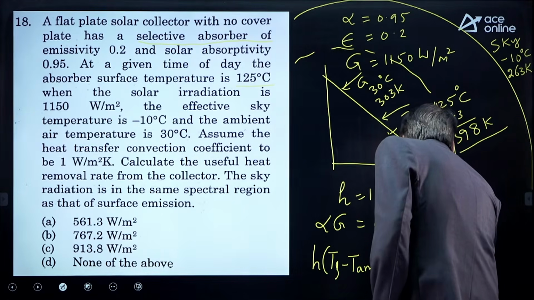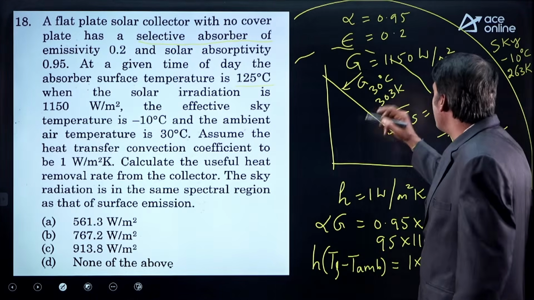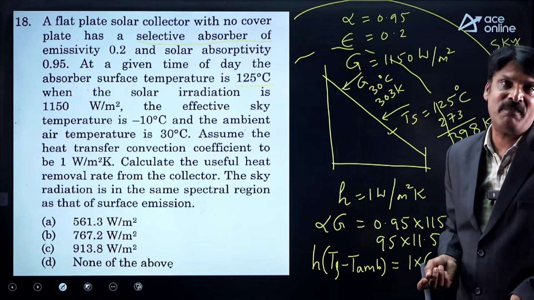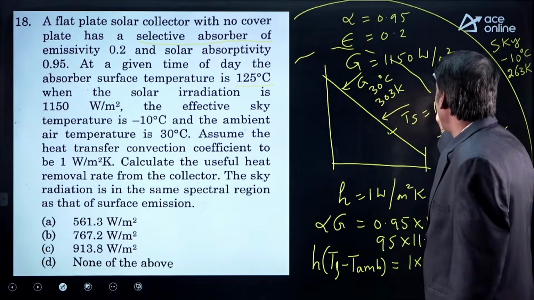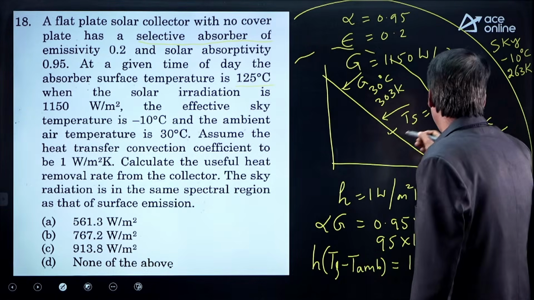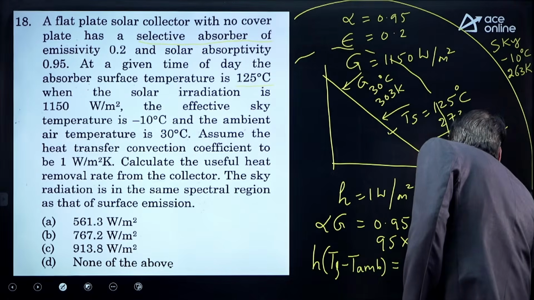Heat transfer coefficient is 1, surface temperature, say in centigrade and Kelvin, temperature difference remains same. So, it is 125 minus 25, or need not, you can directly go ahead, 398 minus 303.